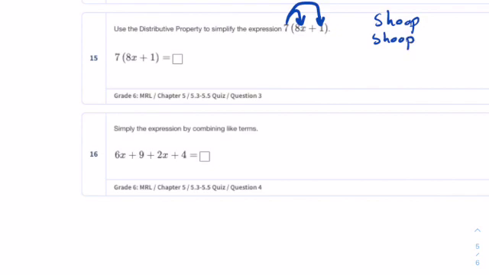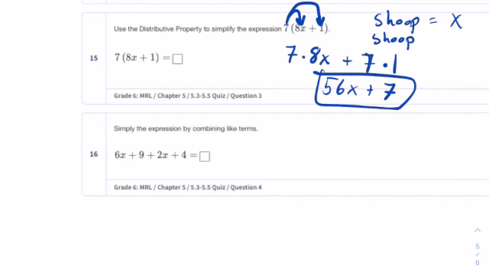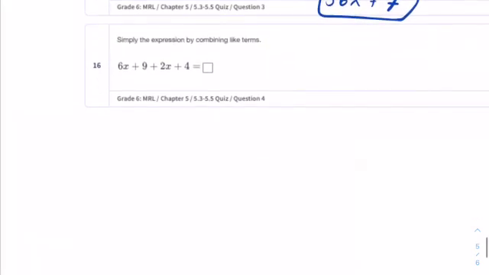The 7 shoops. So we do 7 times 8x. So every time you shoop, you multiply. Shoop equals multiply. So 7 times 8x and 7 times 1. So that's 56x plus 7. There you go. That's the answer to that one. I distributed the 7: 7 times 8x, 7 times 1.